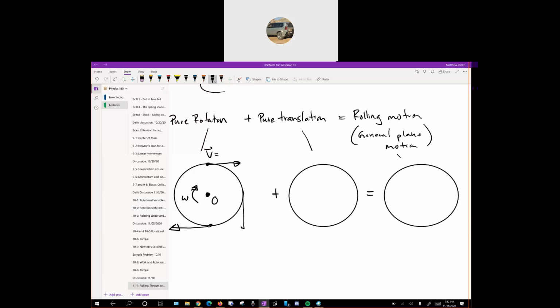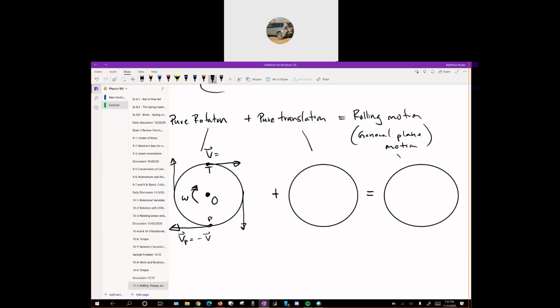Right? Just like we would have a tangential velocity here, we'd have a tangential velocity here. So we'll call this P. V at P is equal to the opposite of this V up here. And your book calls it T, I'll call it a T.